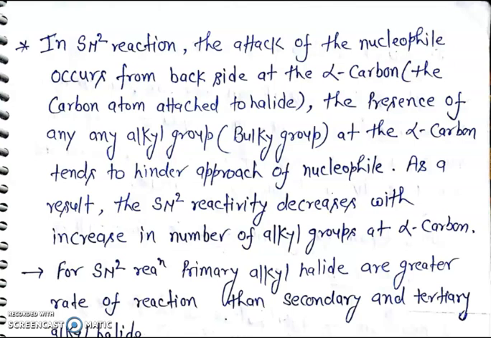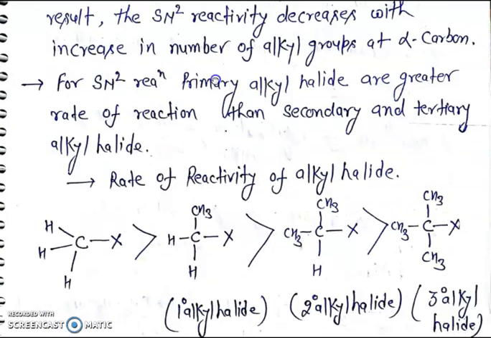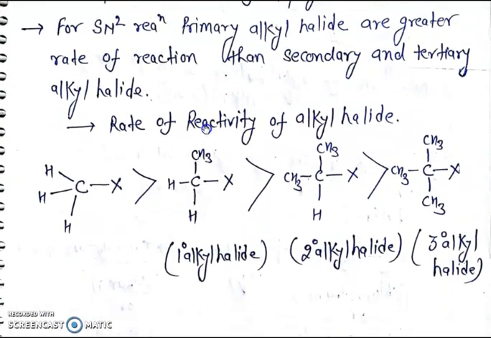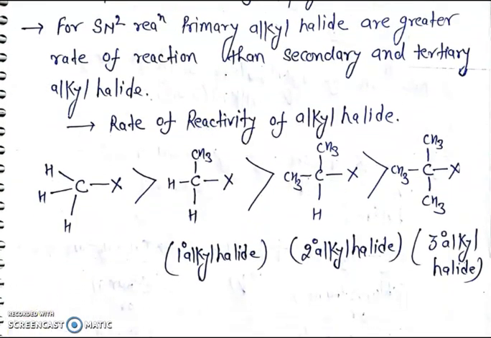As a result, the SN2 reactivity decreases with increase in number of alkyl group at alpha carbon. For SN2 reaction, primary alkyl halide has a greater rate of reaction than the secondary and tertiary alkyl halide. Rate of reactivity of alkyl halide as seen in the example.